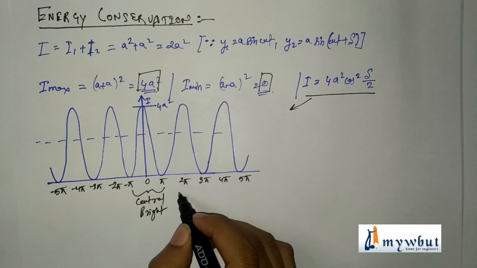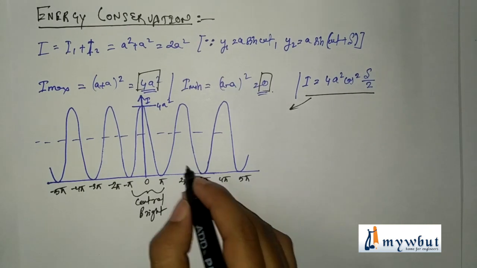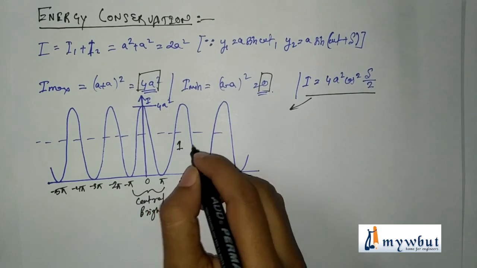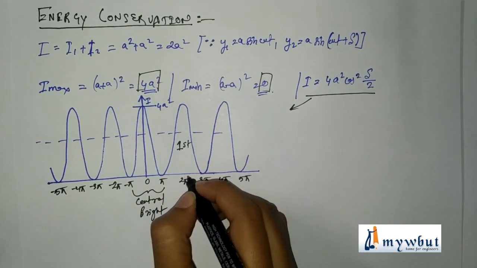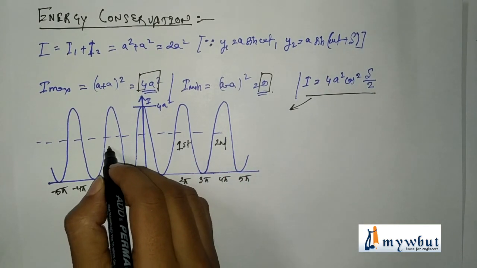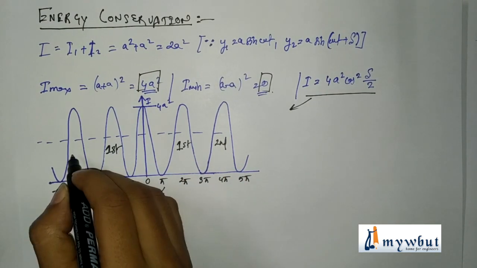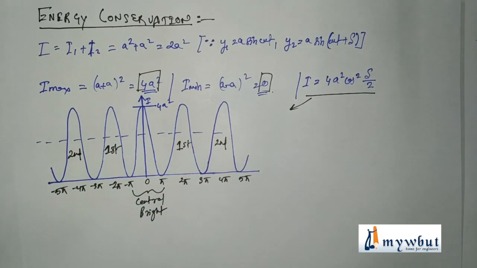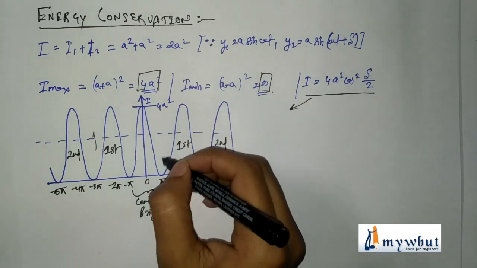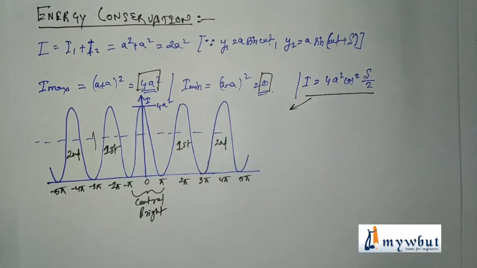Then here this one is the first bright fringe, this one is the second bright fringe. Similarly, this one is also the first bright fringe, and this one is the second bright fringe. And these regions are the dark regions, that is the dark fringe.